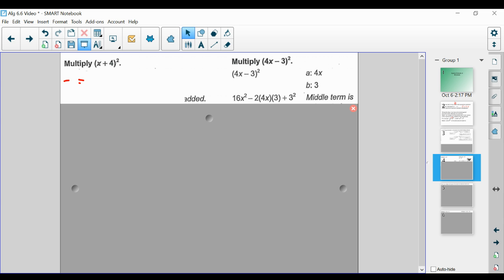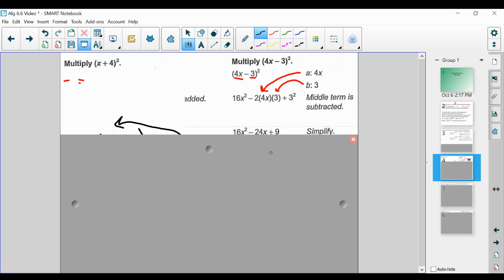We're going to square the b term, and our b term is 3, so we get 9. And then we're going to subtract 2 times a times b. So 2 times 4x times 3. Again, a is 4x, b is 3. So we multiply them together, and we receive 16x squared minus 24x plus 9.